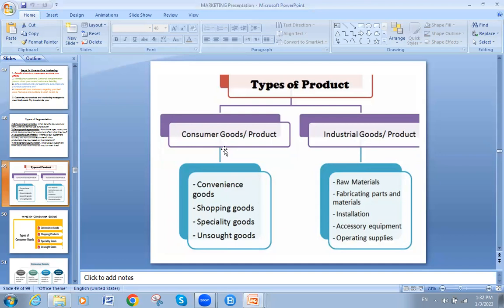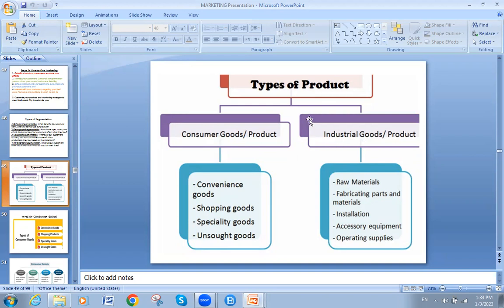Consumer goods are consumed by an end user for the purpose of consumption, not to generate profits. But industrial goods are consumed by a party that will use the product to further produce profits.